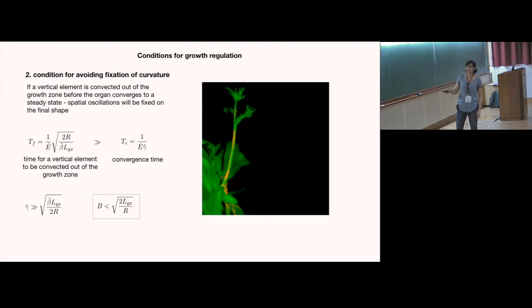Okay, so you see how, if the growth zone is very, very small, it means that you have a very strong requirement on B, on the type of dynamics that you can allow yourself. Is this clear? Yes, it's a function of many things, but in particular, it's also a function of beta and gamma, which are the sensitivities.